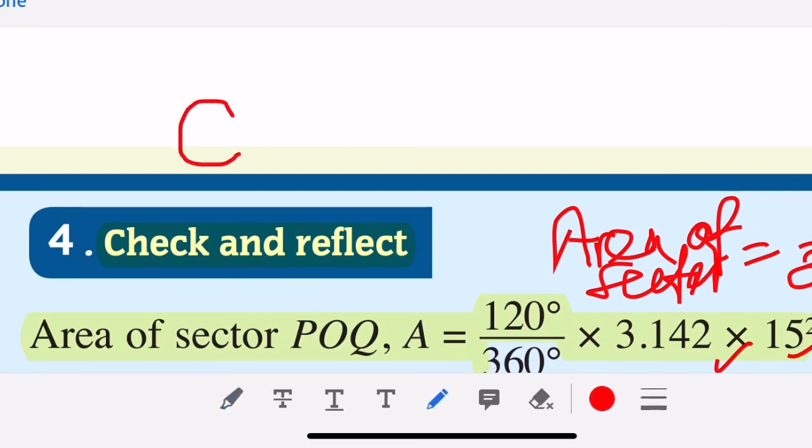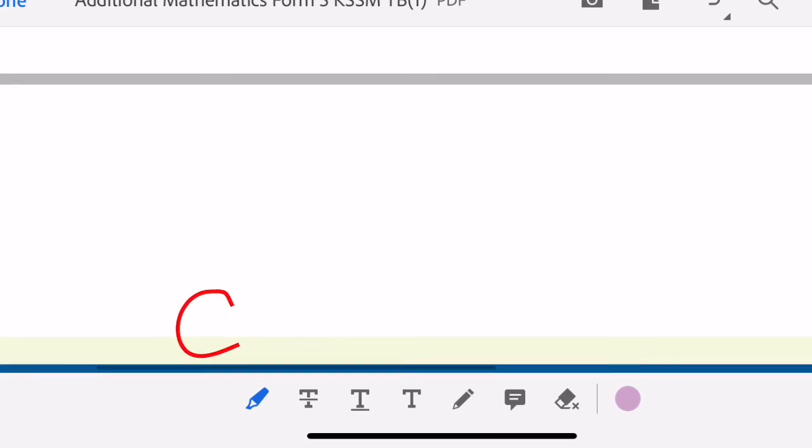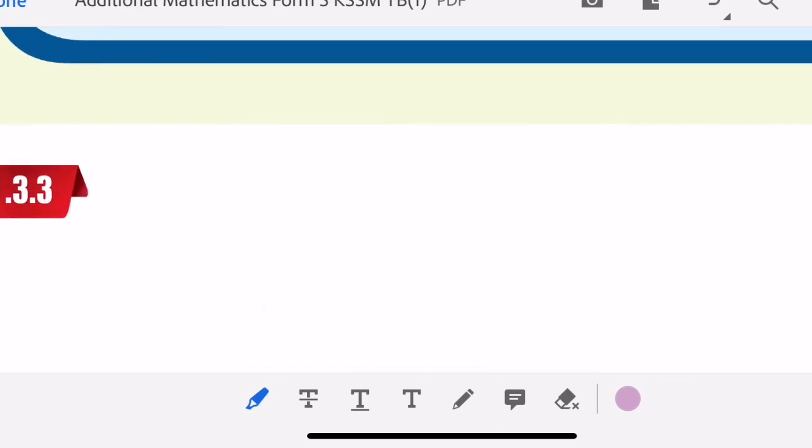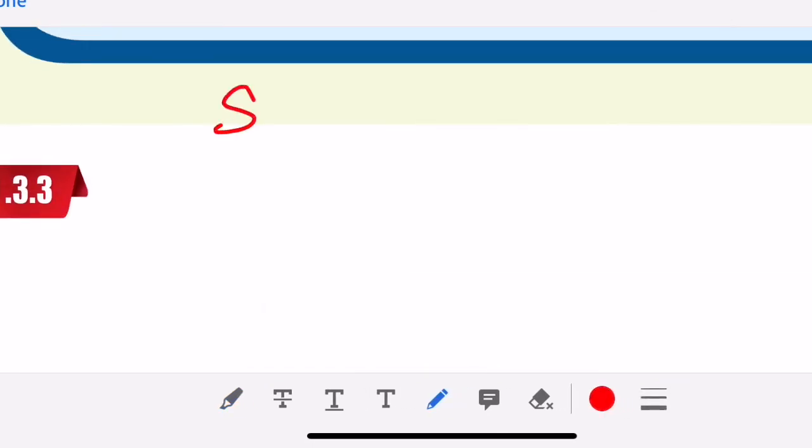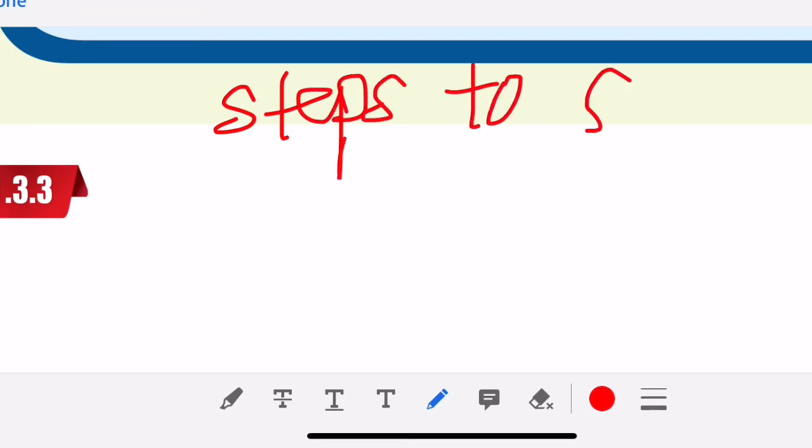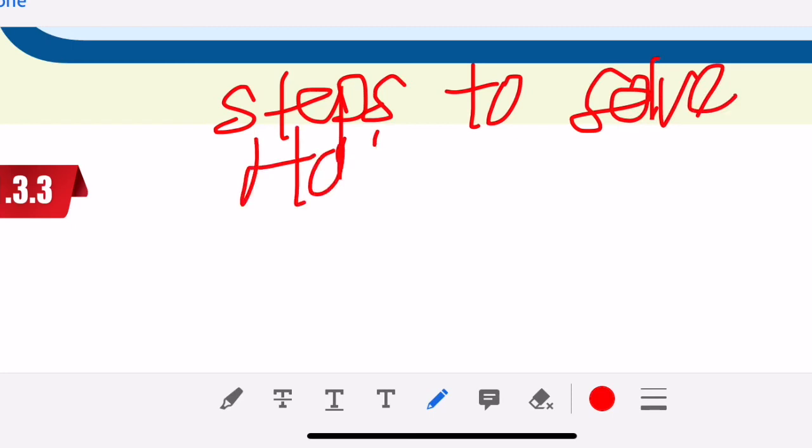So we have to follow the steps. Write down the steps to solve a HOTS question.